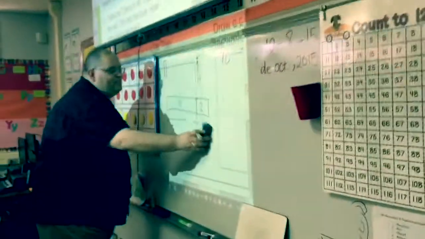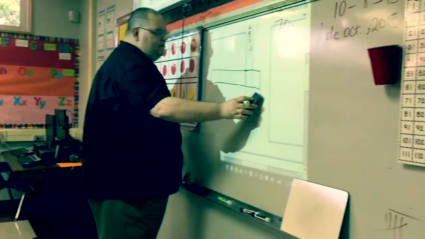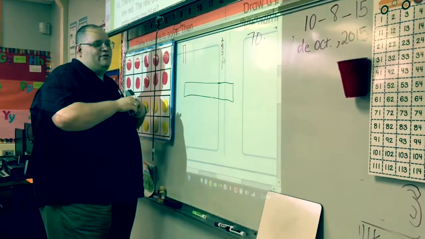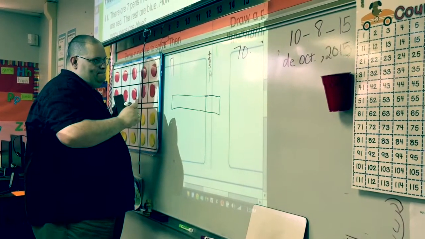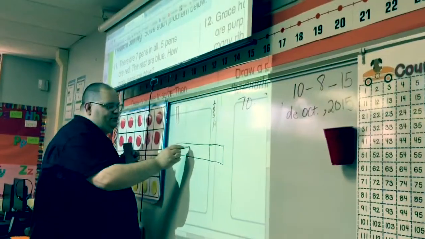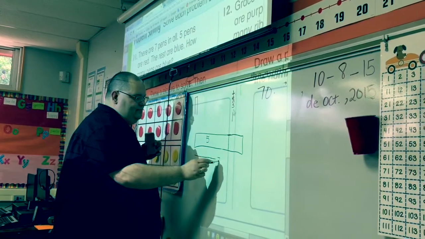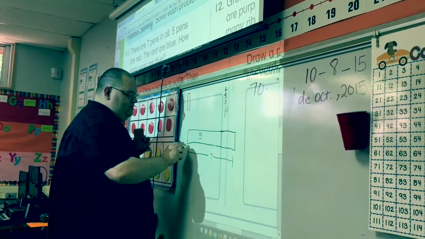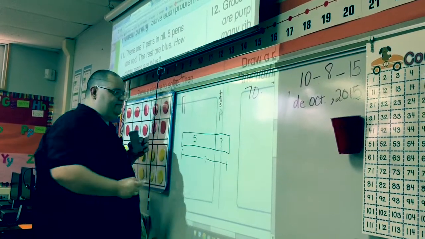So if that same problem had said, instead, that there were 5 blue pins, there were 7 pins total. How many, well, that is what the problem said. How many red pins were there? 2.